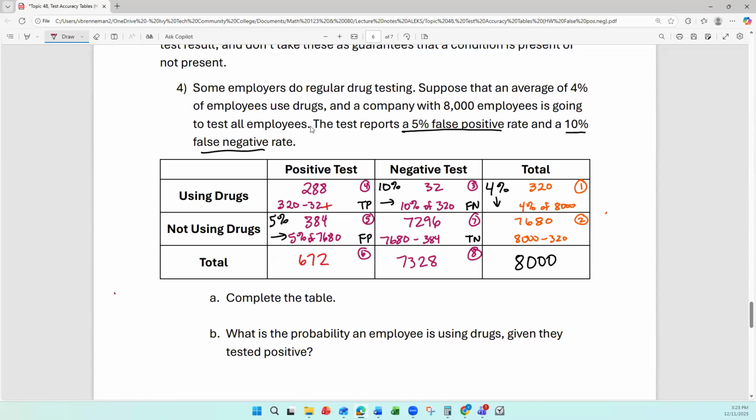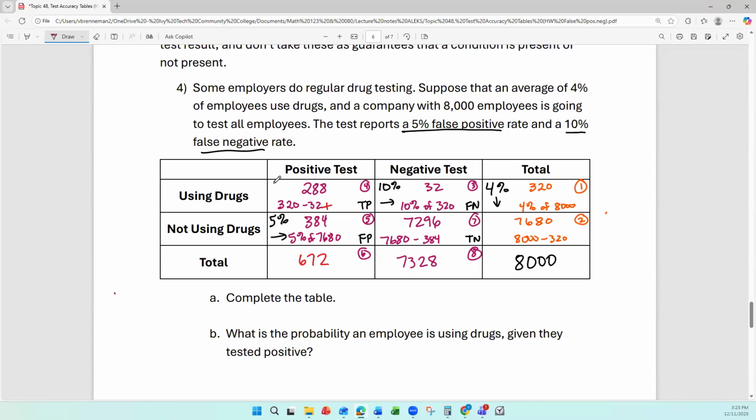So pretty good chance those people are okay, but maybe those 7,296 people still need to be prepared to chase down those 32 that are getting away with it. They're going to have to keep getting tested to make sure, because it could be one of those 32, even though they have a negative test, could totally be doing drugs.